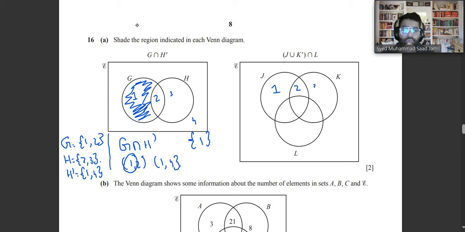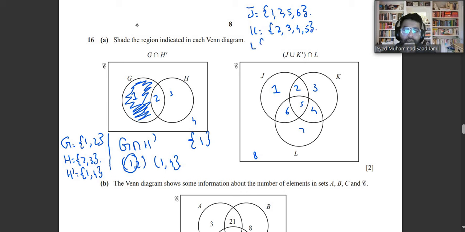1, 2, 3, 4, 5, 6, 7, 8. So now in J, you have 1, 2, 5, 6. In K, you have 2, 3, 4, 5.